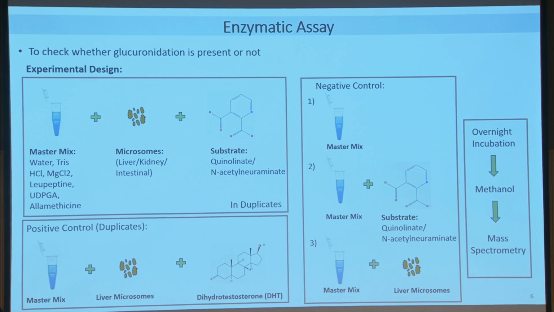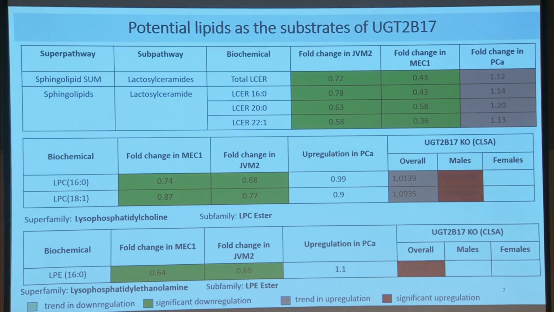DHT is known to be a substrate of UGT2B17, which is found in liver microsomes, whereas three negative controls were made, and all were kept for overnight incubation, and then methanol was added to stop the reaction, and then mass spectrometry was done.